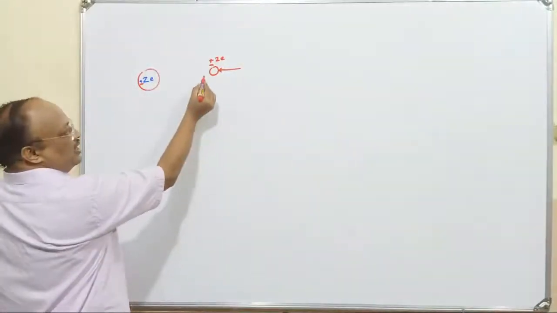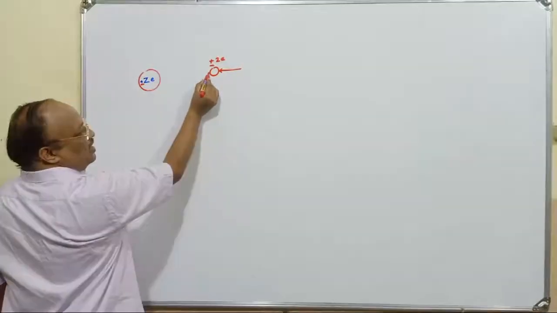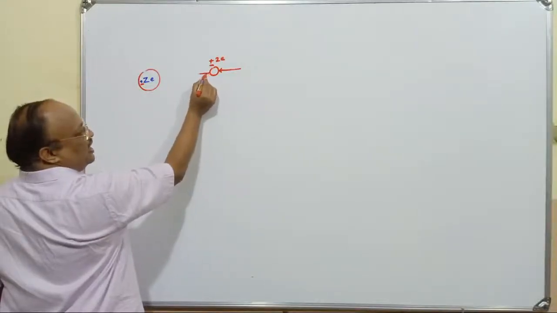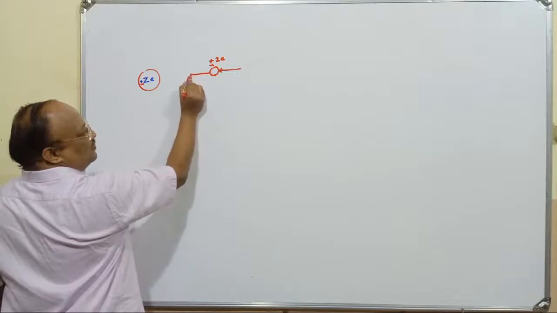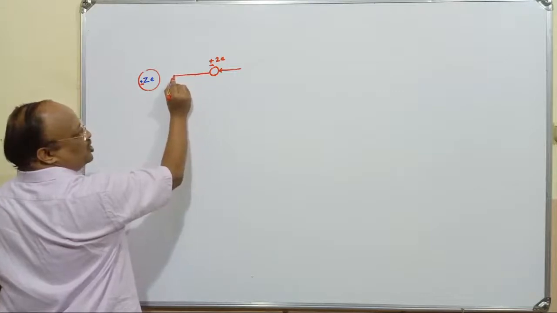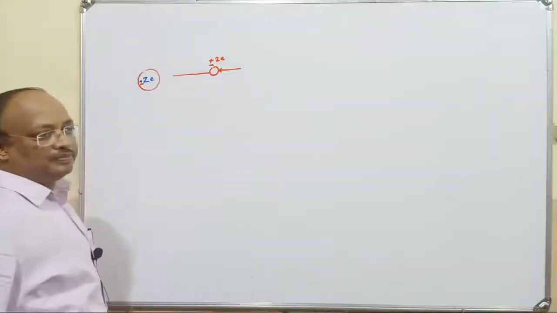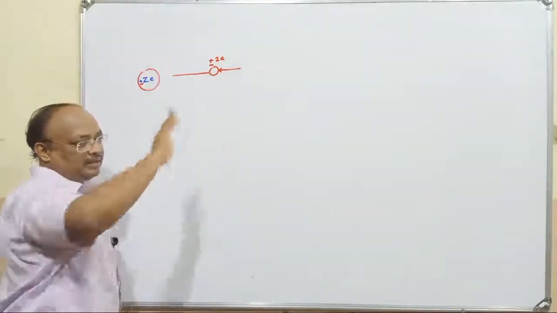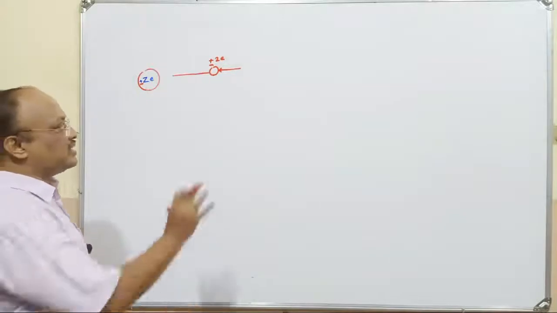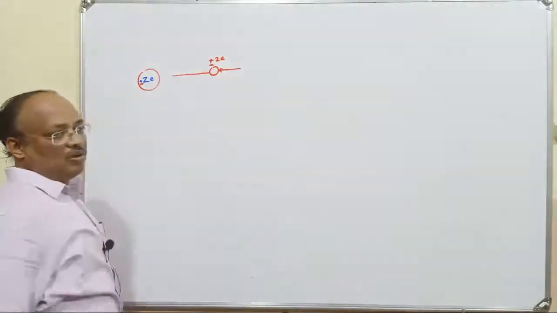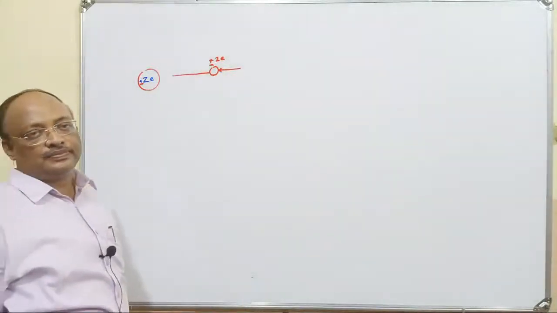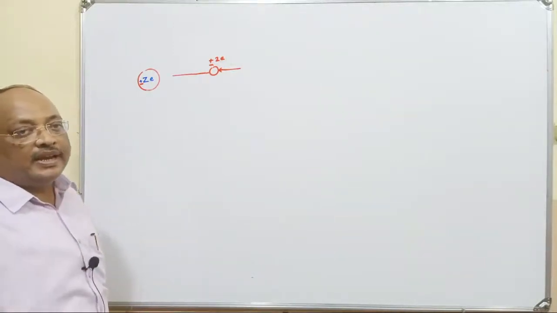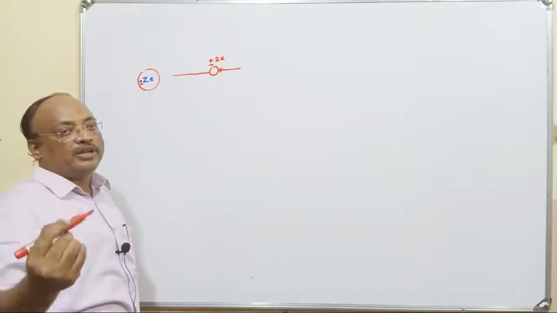So what happens here? This alpha particle comes closer because it has got kinetic energy. Since continuously it is repelling, what has happened? The kinetic energy we have given continuously gets converted into potential energy.